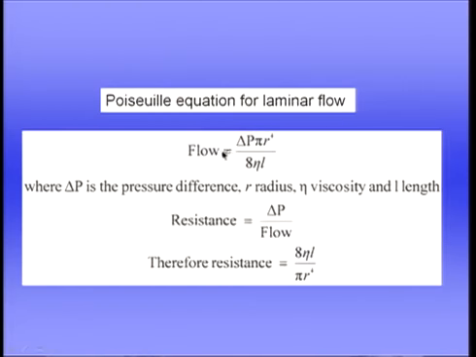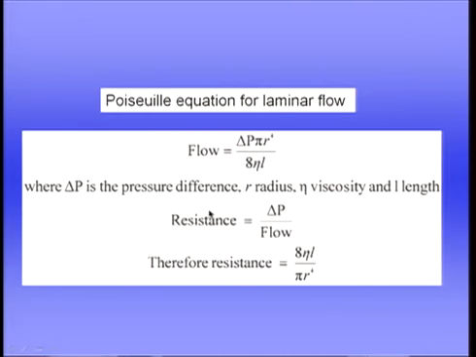You can see that it says that the flow in liters per minute, or whatever you like, is equal to the difference of pressure between the two ends of the tube, delta P, times pi, times the radius to the fourth power, divided by a constant 8, the viscosity eta, and the length of the tube L. So you can see that flow is proportional to the pressure difference. It's inversely proportional to the viscosity and to the length, and it depends on the fourth power of the radius.